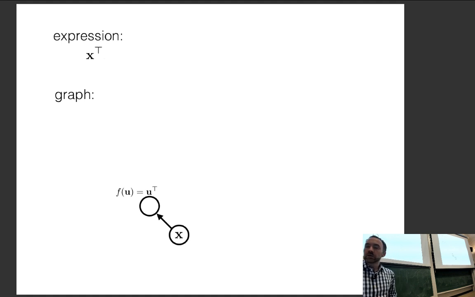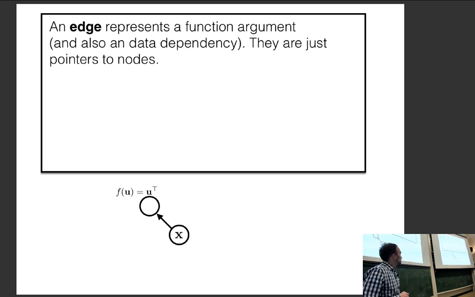In addition, we can extend the graph to represent a more complicated function. Let's say x is a vector, we can take the transpose of x. That would reverse its dimensions. And an edge represents a function argument.